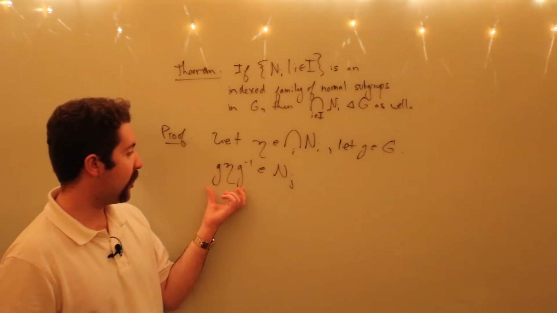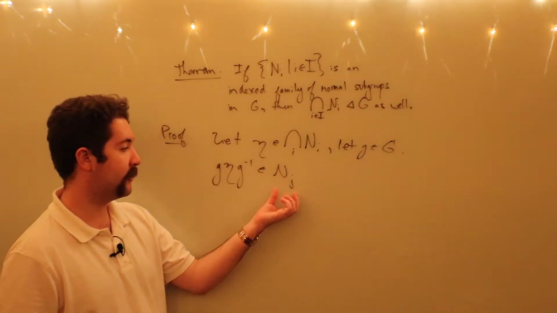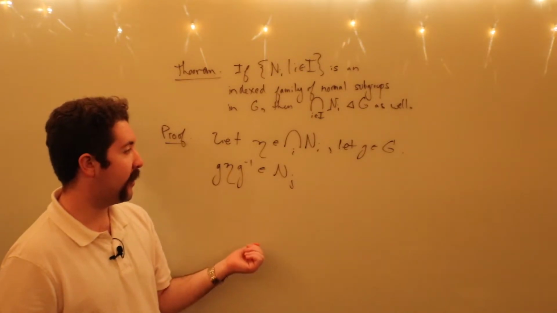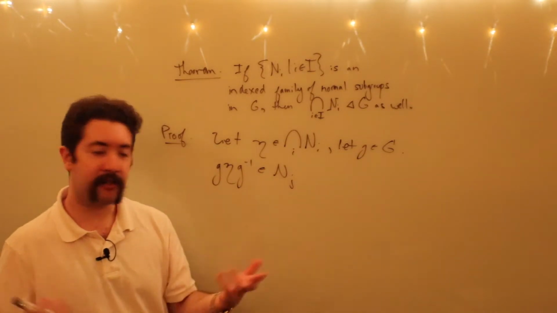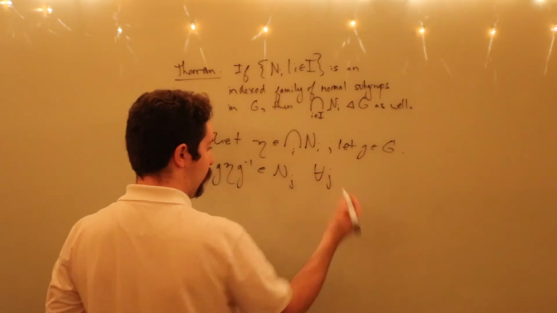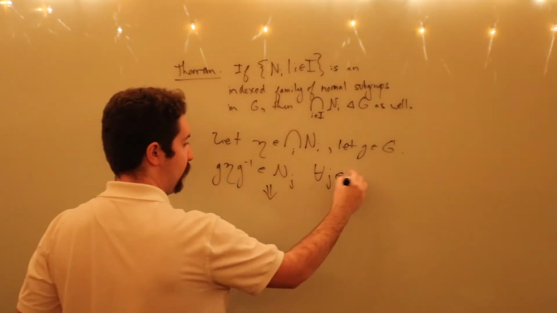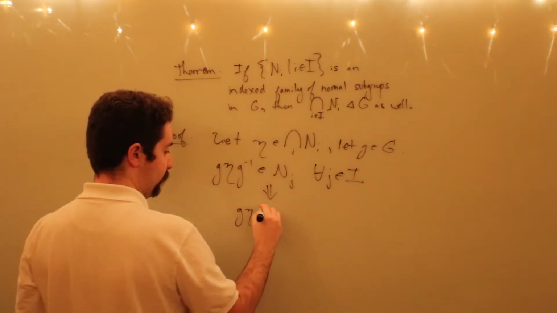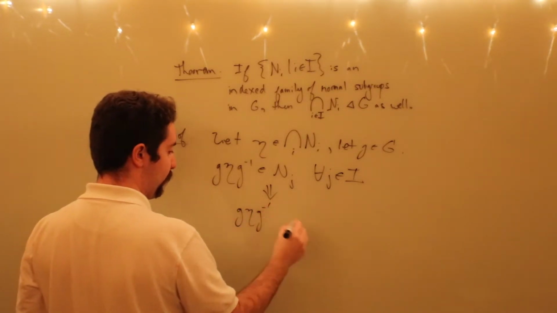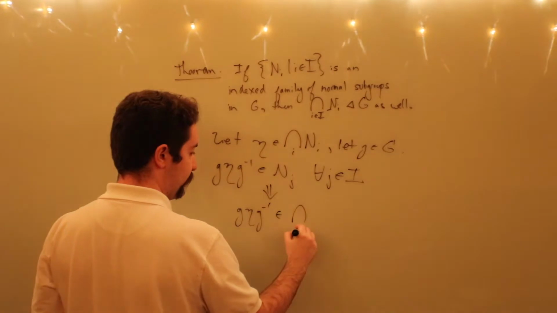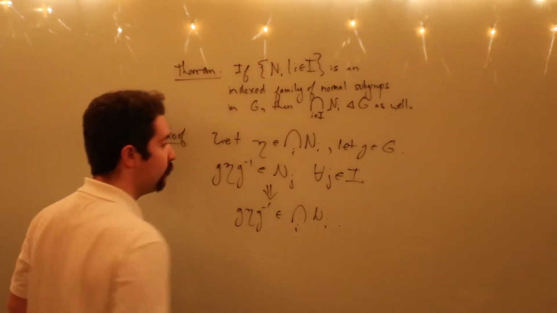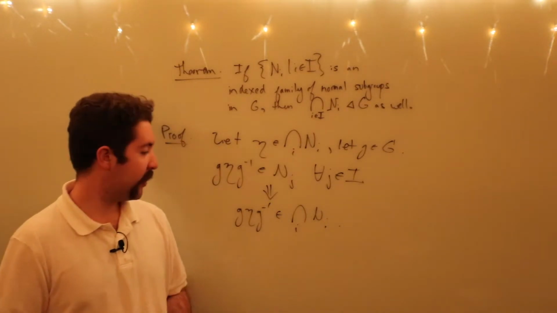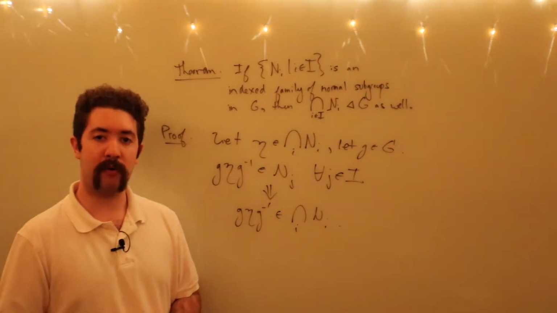So this product has to also be in this subgroup. Now, if this is true for every N sub j, for all j in the indexing set I, then that means G eta G inverse is in the intersection of all the N sub i's as well. And thus, by the definition of normal subgroup, this intersection is also normal in G.